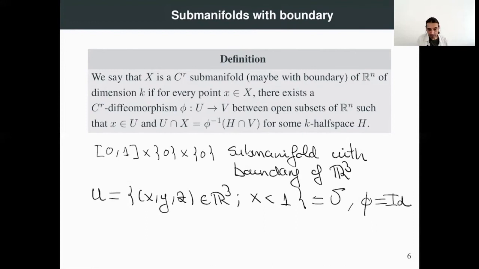And in this case now, the intersection of U and X is the product of the interval [0,1), which is closed at 0 and open at 1, with the set consisting of 0 twice, right?